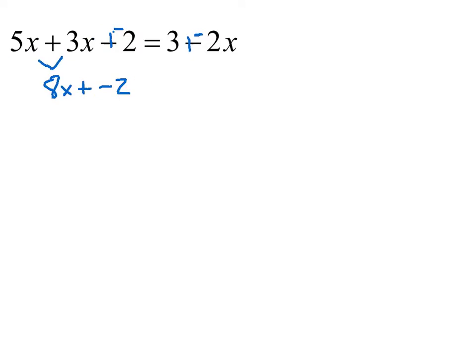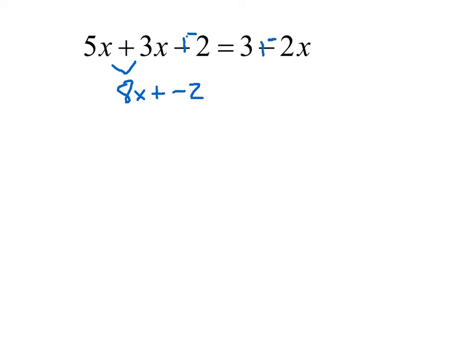So now that we've got everything taken care of, let's go ahead and make sure that we've got the whole equation as it is now. So that just means we're going to have to end up rewriting that line. No big deal. It took me about half a second to get it done. And now that we've got both sides as simple as possible, we need to get all of our x terms together.